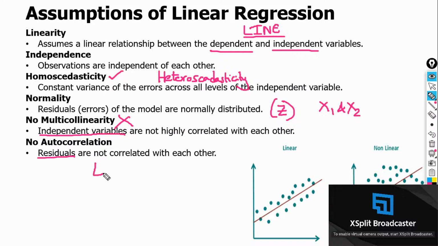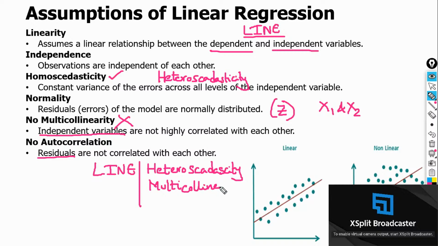So the assumptions are important. Along with the assumptions, we have three issues. One is heteroscedasticity, then multicollinearity, then autocorrelation.